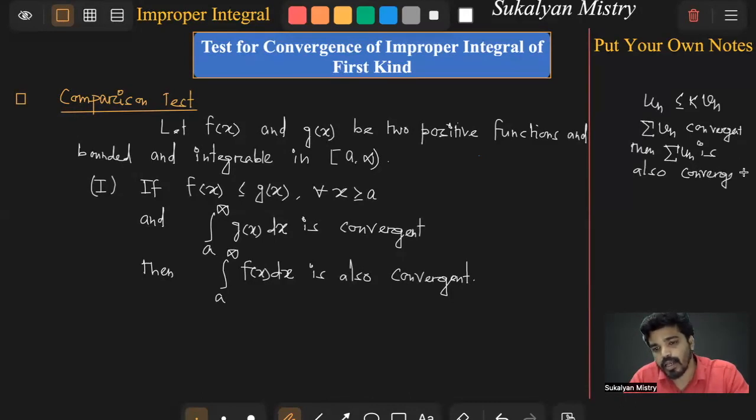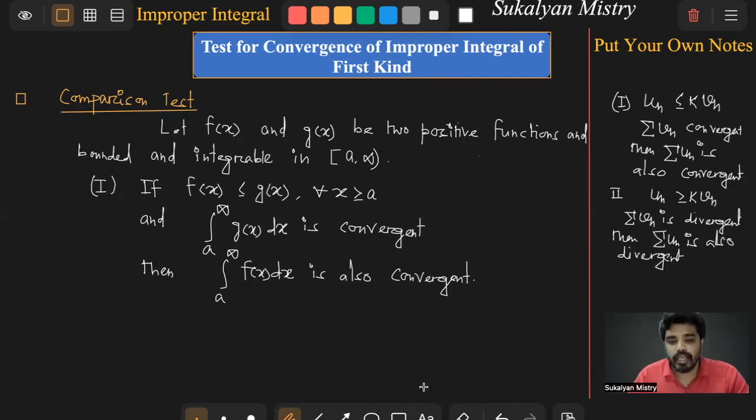Okay. And if un is less than or equal to k into vn, okay, and summation vn is divergent, then summation un is also divergent.